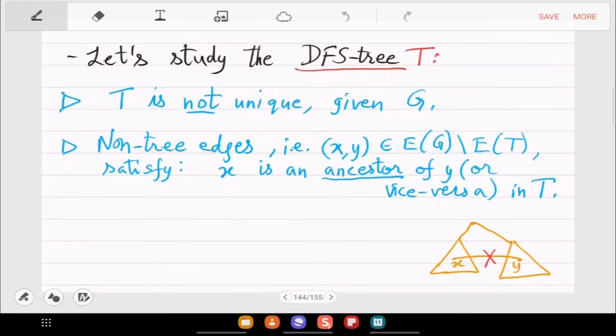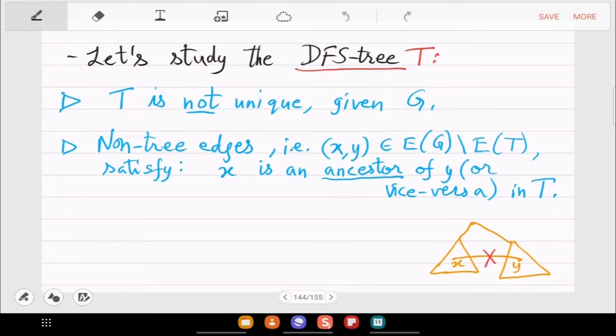So what is this tree property? First is that it is not unique, because you are making arbitrary choices, right? Which neighbor to pick first and explore. That choice is arbitrary, and as we have discussed, depends on how the input was given by the user. So for the same graph, different orderings give you different DFS trees.